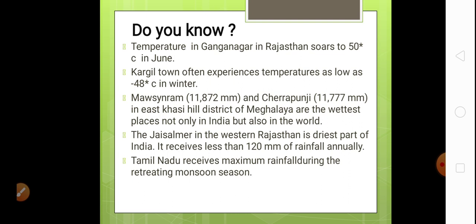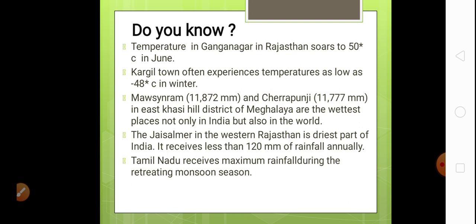Jaisalmer in western Rajasthan is the driest place of India. Why? Because it receives rainfall just up till 120 mm of rainfall. A place in western part like Jaisalmer is receiving only 120 mm of rainfall. Then the place in India itself on the eastern part like Mawsynram and Cherrapunji getting the highest rainfall.